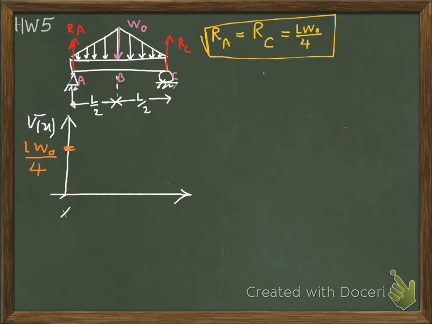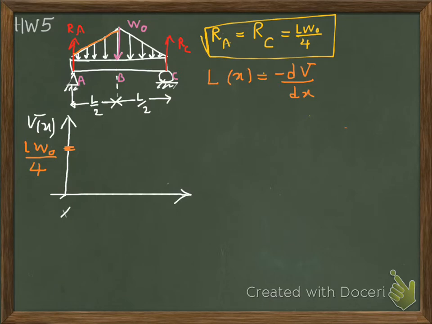Okay. Then now we have to take care of this distributed force over there. Remember, what I wrote on the board the other day: w of x is equal to minus dV, the derivative of shear, versus x, over dx. Well, I prefer here to show the loading with L instead of W, just so that it would be easier to see and not confuse it with W naught, which is only the maximum amount for it.